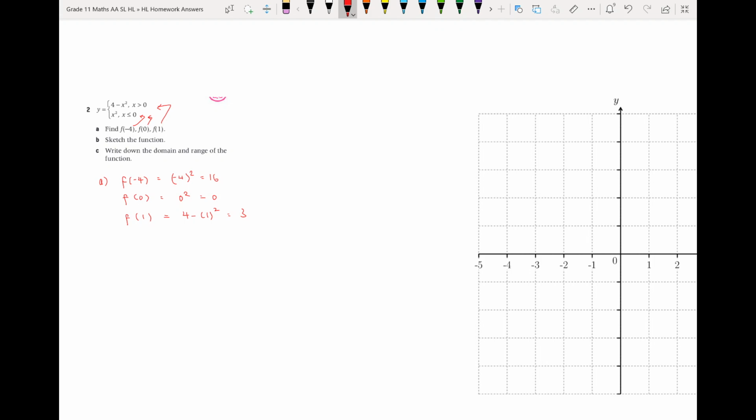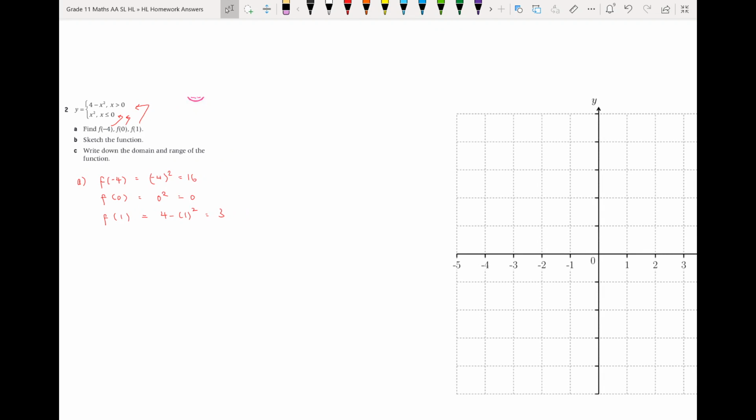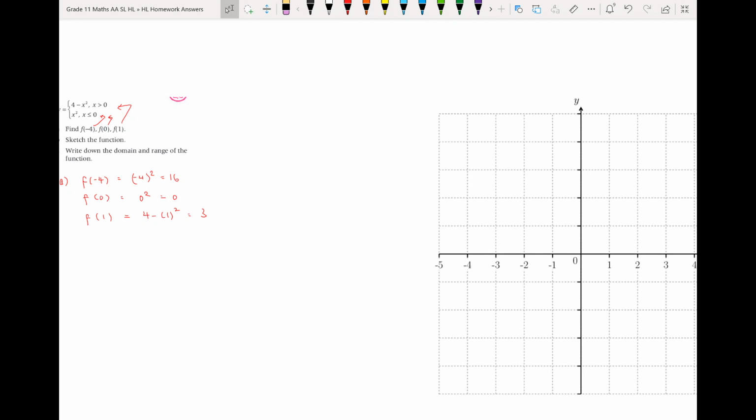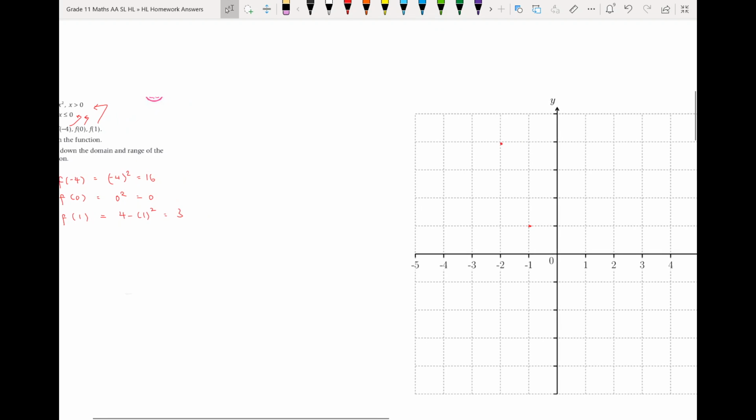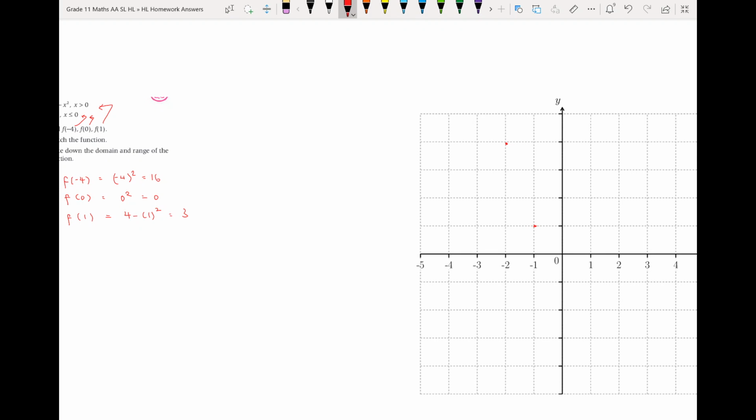In terms of the graph, it looks a bit different than the one that we saw last time. It's not a step-wise function because this is taking on a parabola on the left-hand side. So it will be useful if you know what the parabola looks like. If this was defined for the whole function, it might look something like this.